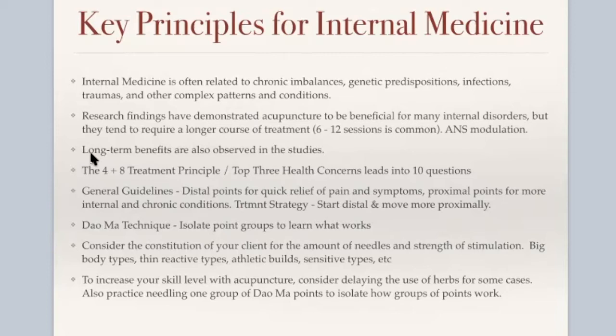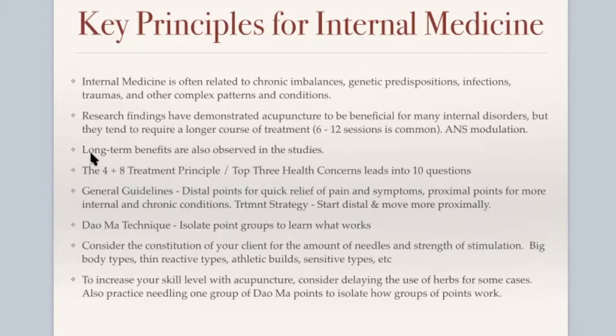And the third point here, which I think is really big, is that it says long-term benefits are also observed in the studies. So if you are able to get a person through a complete course of treatment of 6 to 12 sessions, then there's a better likelihood that they're going to get the long-term effects.